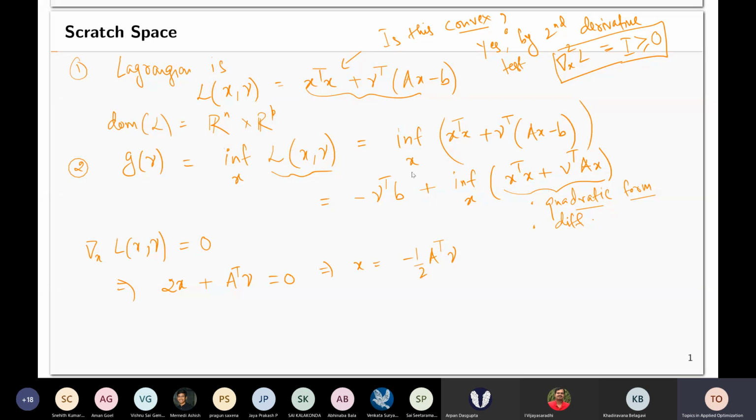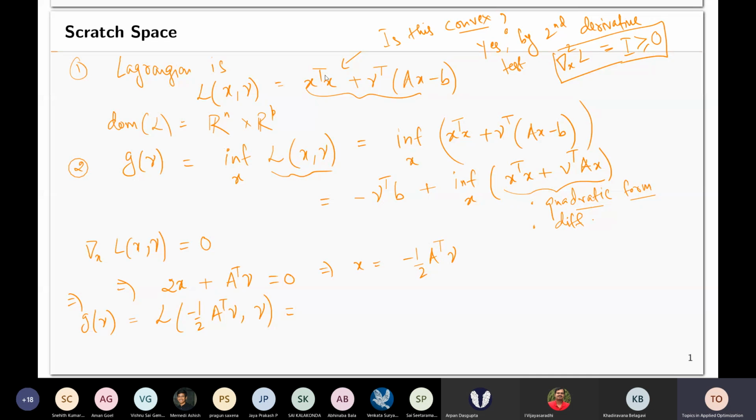So I can substitute this back and get rid of x, and I get a value in g(nu) only, right? So g(nu) is obtained by putting in the x star value for which this infimum is achieved. In other words, I have minus half A transpose nu.